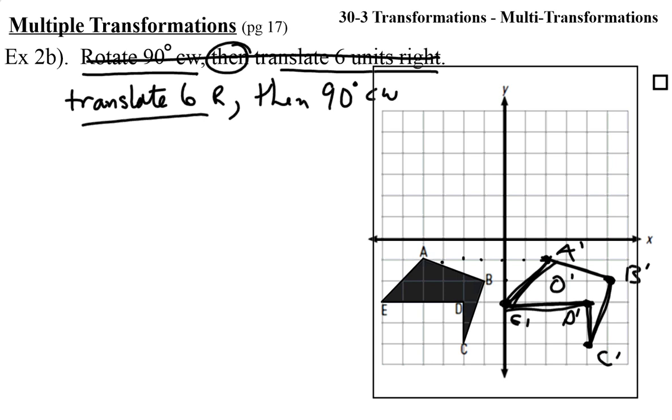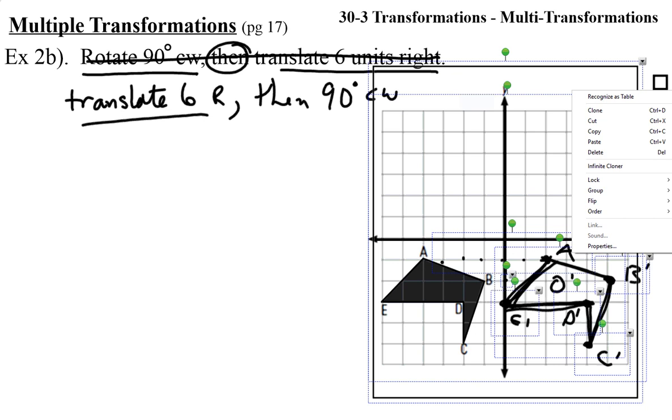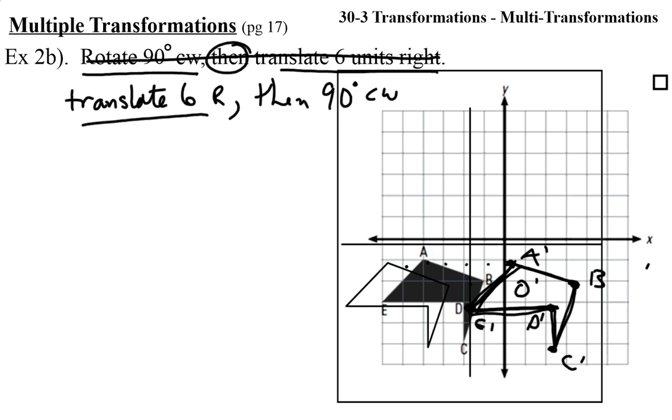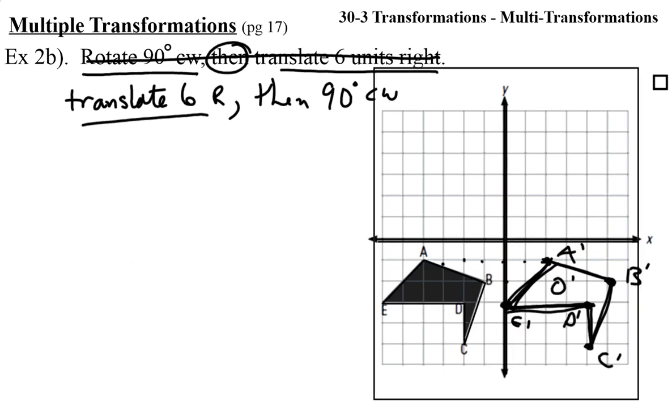That's not what I wanted to do either. Grr. We'll get it. Be patient. This is what I wanted here. So I want to take everything and I just want to group it all. Group the whole thing.